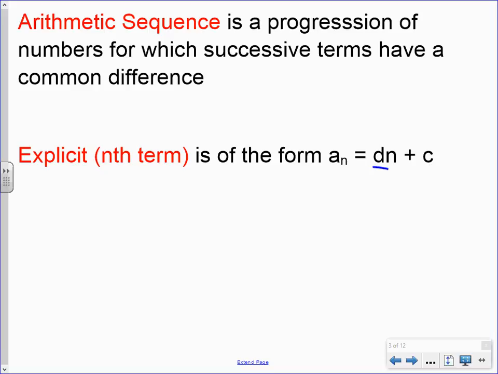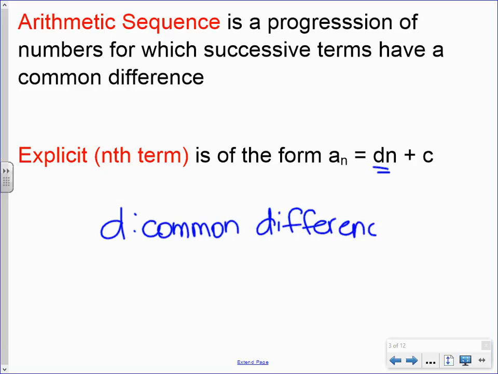That D right there, that's our common difference. So that number that you just told your neighbor, my sequence goes up by 5, that is your common difference, positive 5.